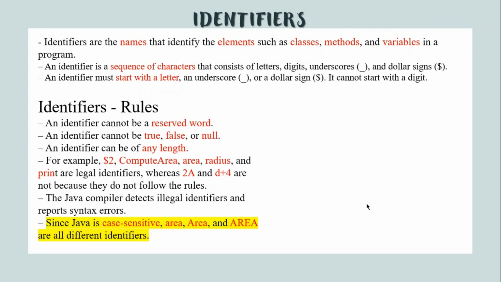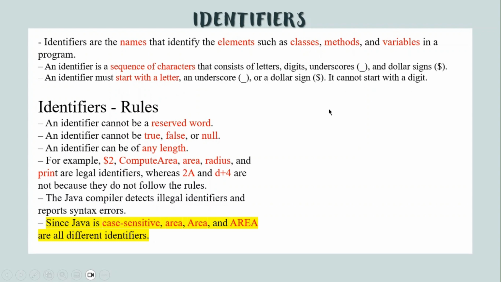An identifier cannot be true, false, or null. An identifier can be of any length. For example, $2, computeArea, area, radius, and print are legal identifiers. You can see here we started with the dollar sign and then a digit. So this is fine. We said that an identifier must start with a letter, an underscore, or a dollar sign.